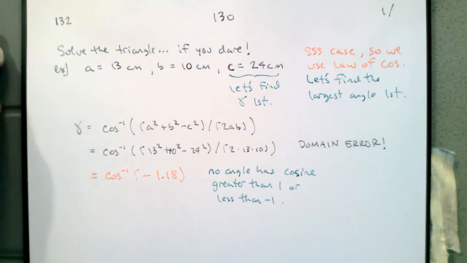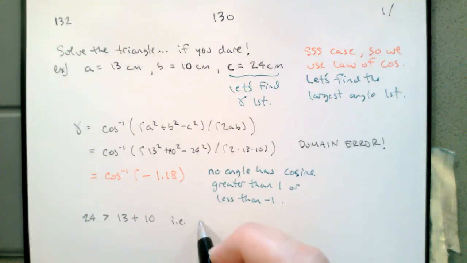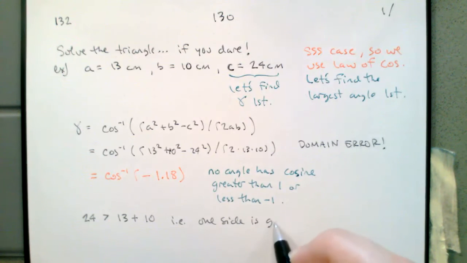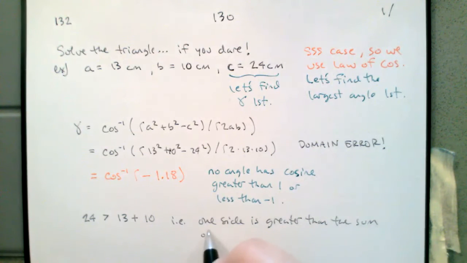So note that side C, 24, is greater than side A plus side B. The largest side is greater than the sum of the other two.